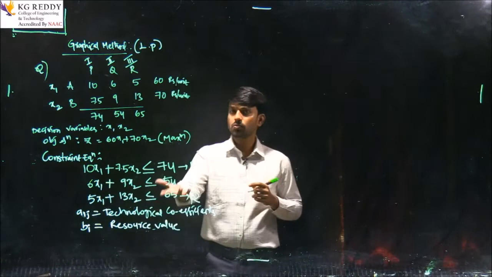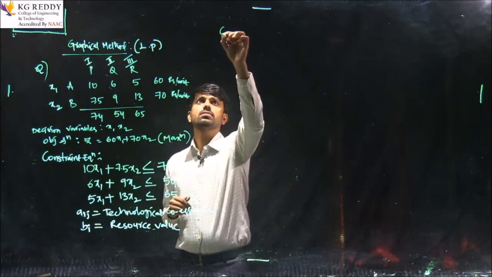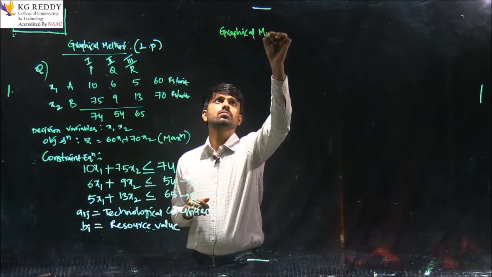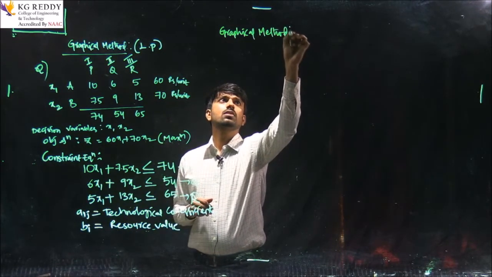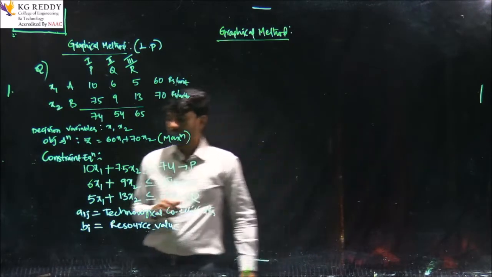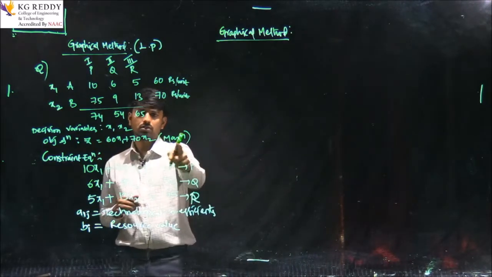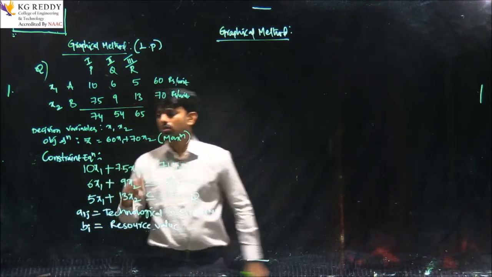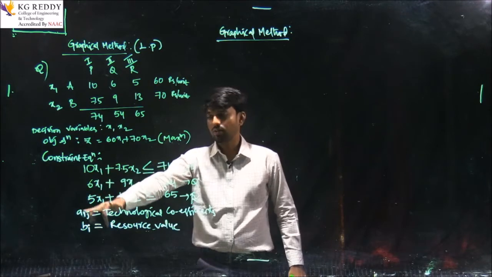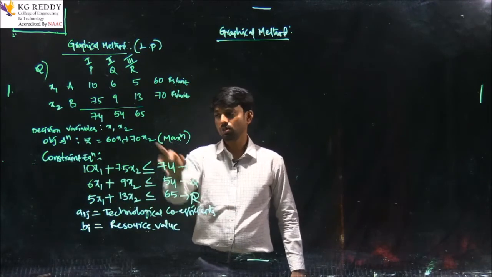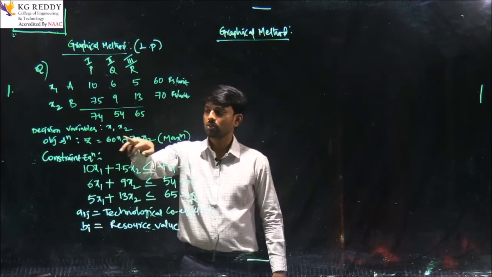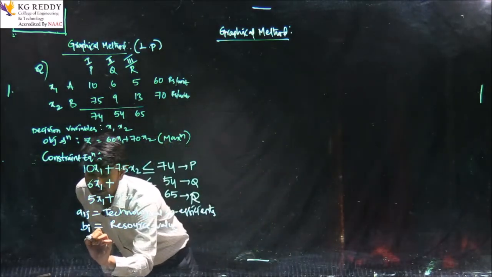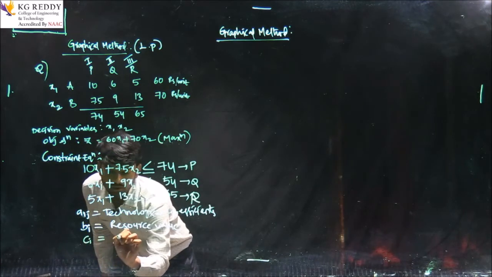Now we will go and solve the graphical method. If you look at the objective function, there are also coefficients, right? In the constraint equations, the coefficients of decision variables we call technological coefficients. But in the objective function, the coefficients of these decision variables are called profit coefficients.